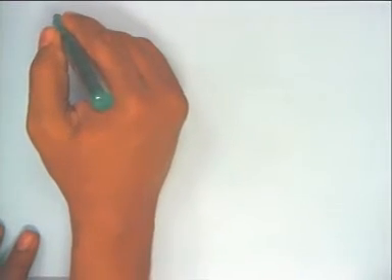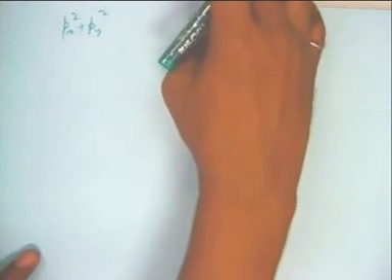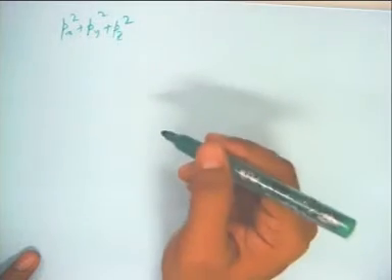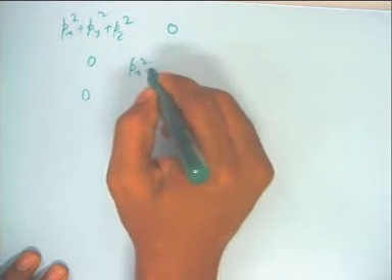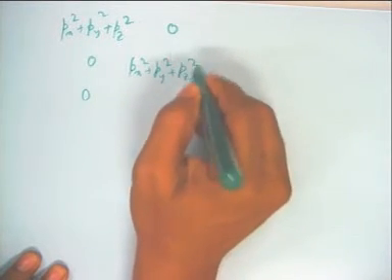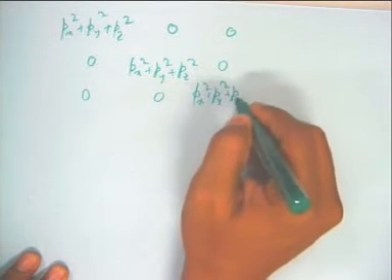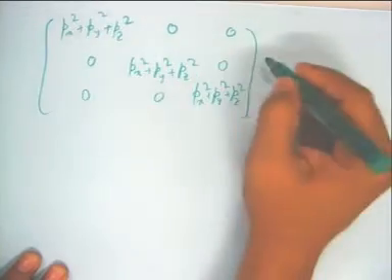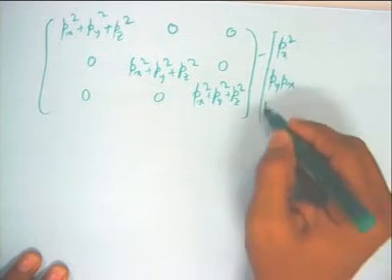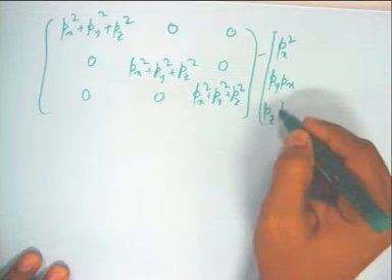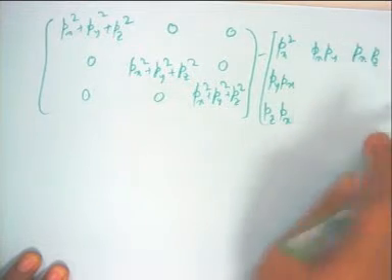I write Px square plus Py square plus Pz square multiplied by the identity matrix, which means this will have this kind of structure, minus P P transpose, which is Px square, Py Px, Pz Px, this will be Px Py, Px Pz.